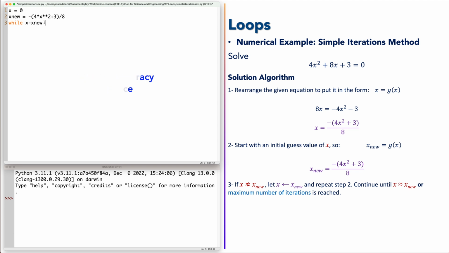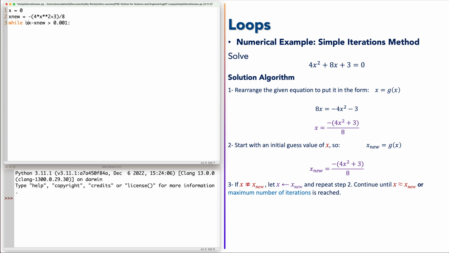So let's say x minus x new is larger than 0.001. And since we don't know which one is larger during the calculations, x or x new, we need to take the absolute value of the difference.